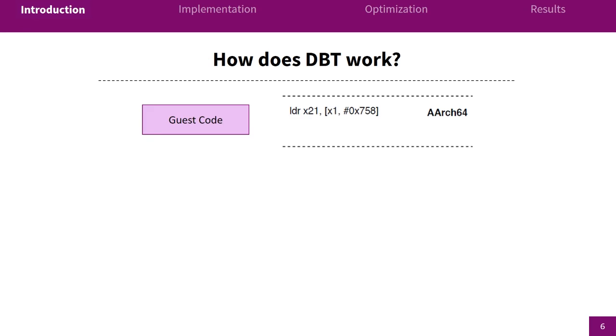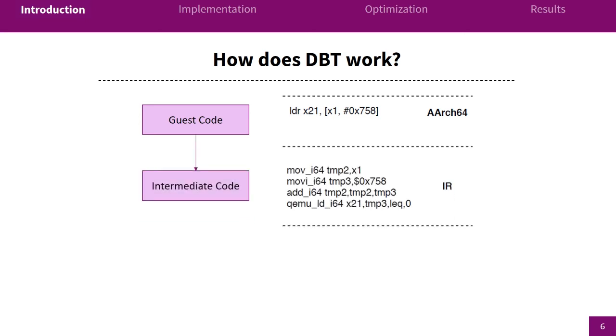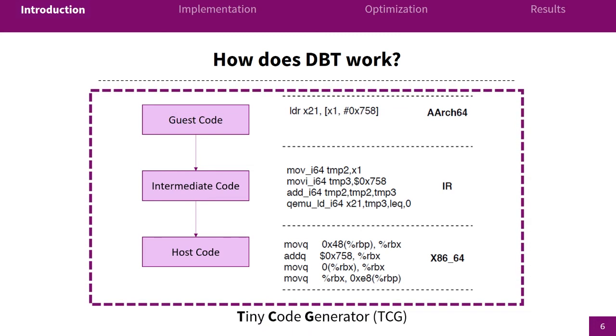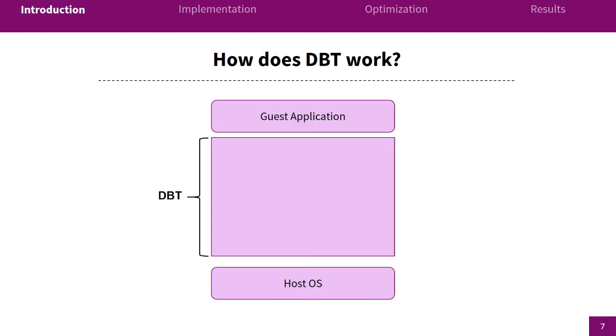Before we go deeper into DQEMU, let's first see how DBT works. DBT takes in guest code and translates it into a simple, portable intermediate code. The intermediate code is then optimized and translated into executable host code. We call this procedure the tiny code generator (TCG).